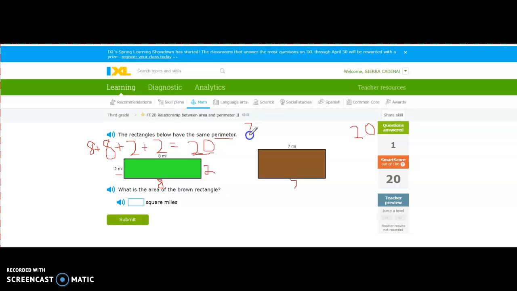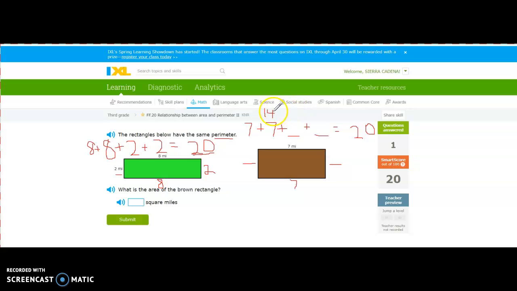So 7 plus 7 plus something, I'm not sure what, plus something is equal to 20. Well, 7 plus 7 is equal to 14. So 14 plus something is equal to 20.